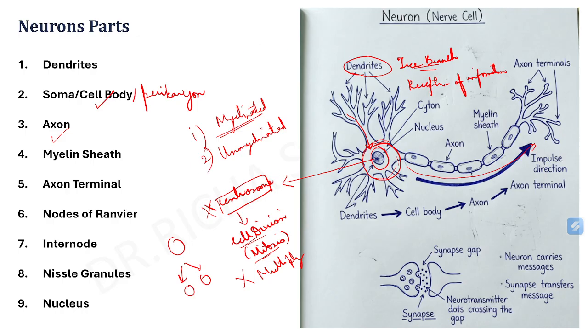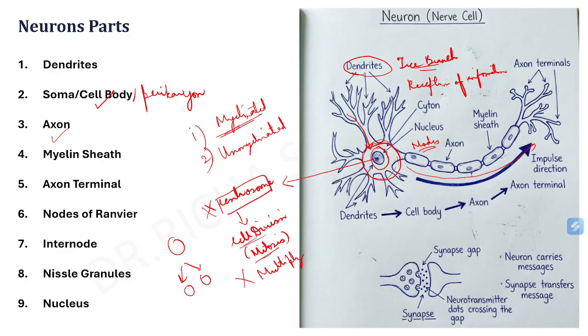Because the myelin sheath helps to conduct impulses fast, the axon has the myelin sheath in the form of segments with nodes. Now, the myelin sheath is spread across the entire length of the axon, no doubt.